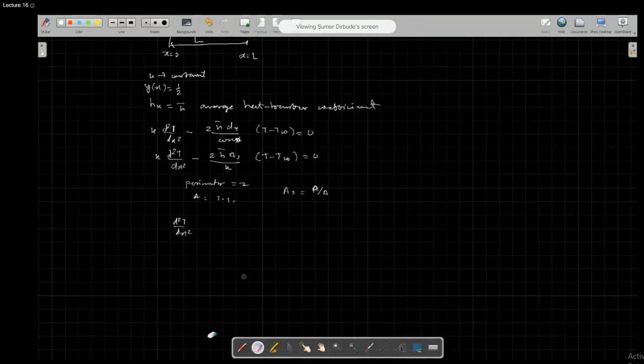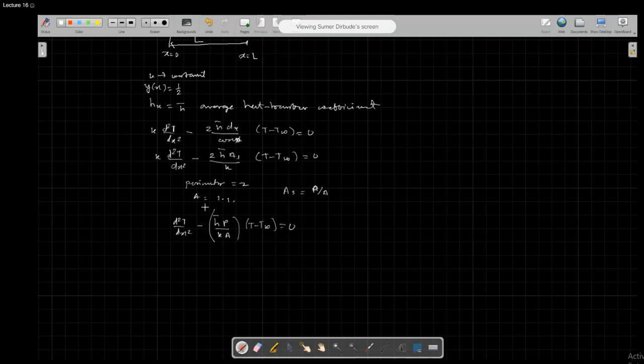I divide this whole equation by K, and the 2 I have combined with perimeter. So I'll just write it like H bar, where P is the perimeter, K is the thermal conductivity, A is the cross-sectional area, times T minus T infinity.